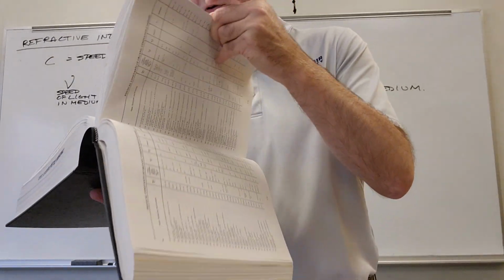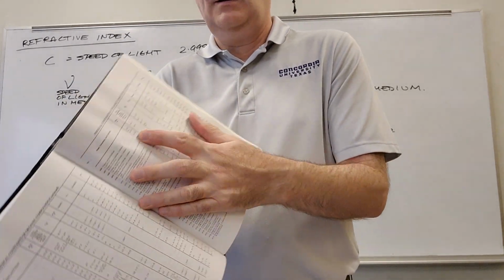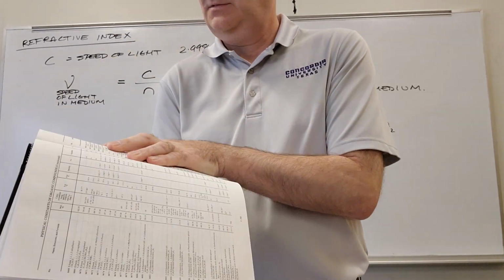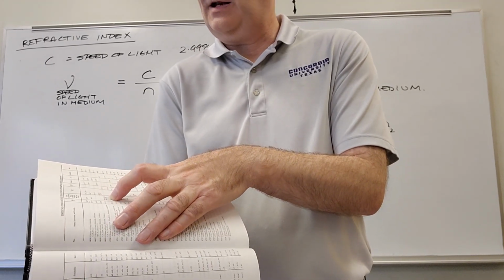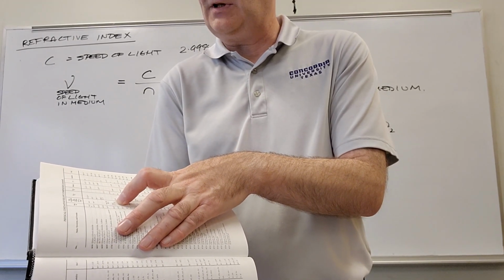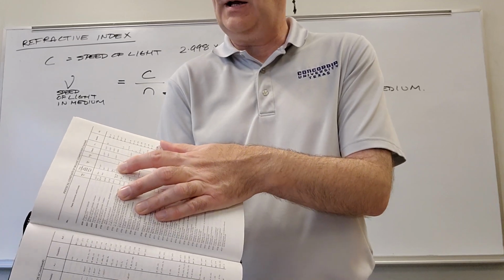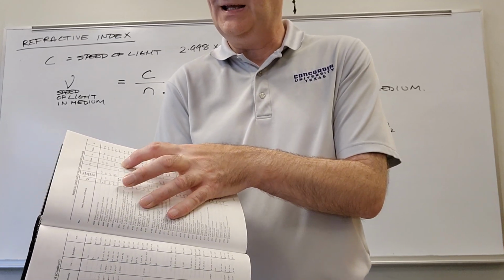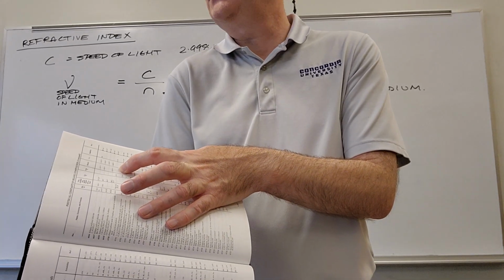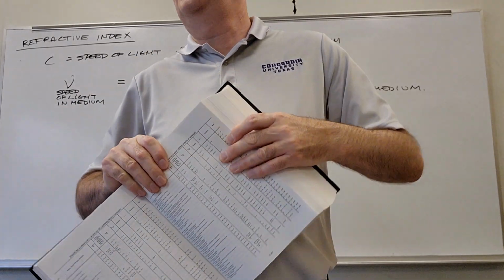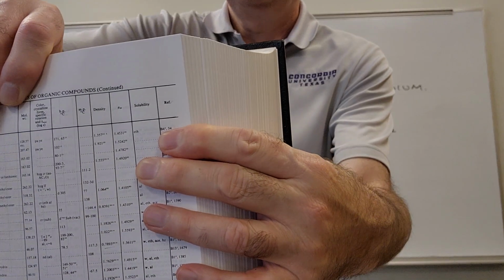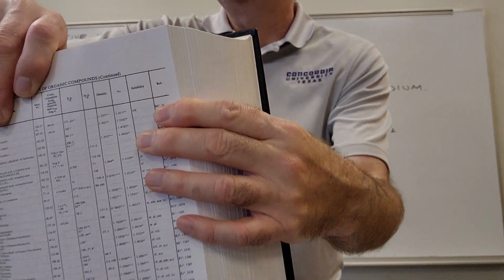And it tells you formula mass. It tells you whether it's a liquid, a solid, and if it is a solid, what type of crystalline form it is. It tells you its boiling point and melting point, its density is the characteristic value, and then the next column over, refractive index.